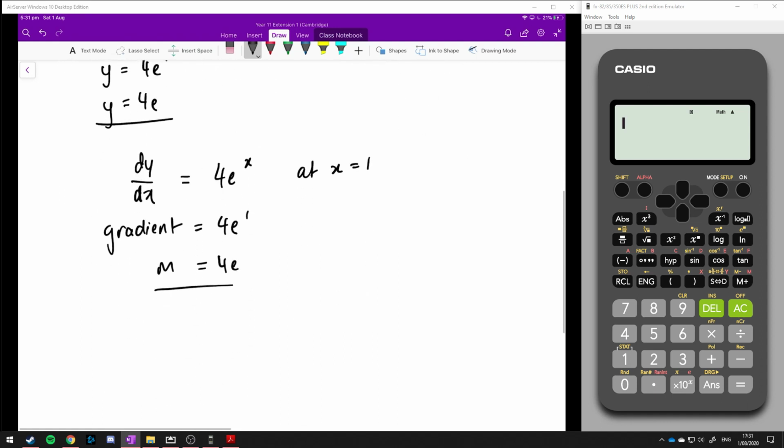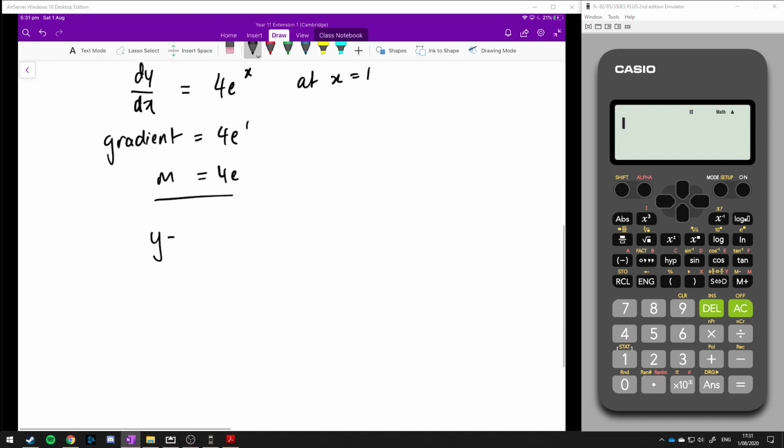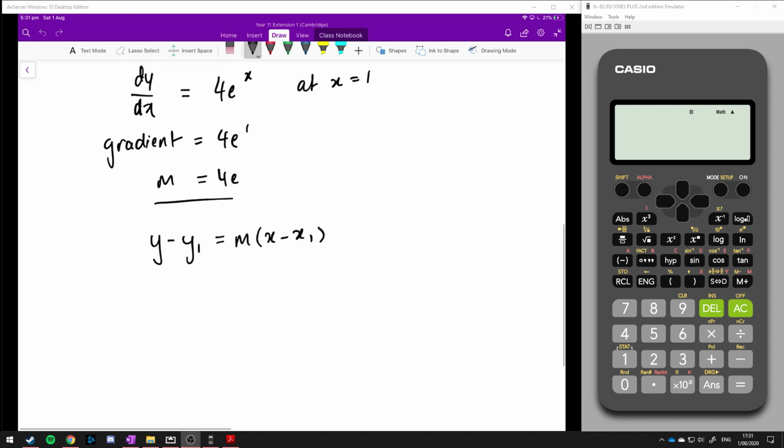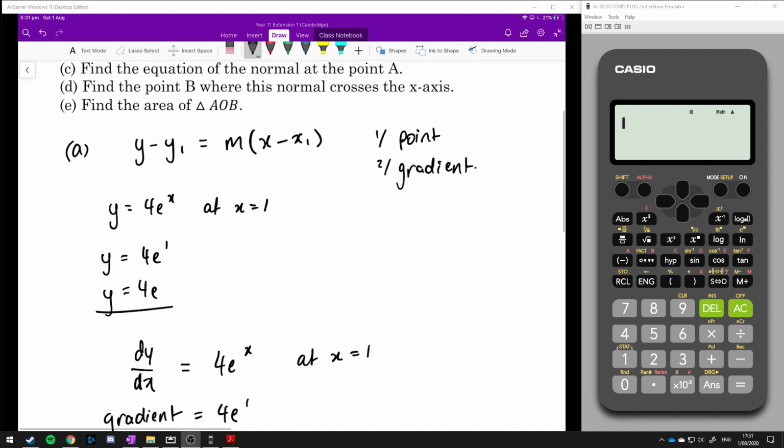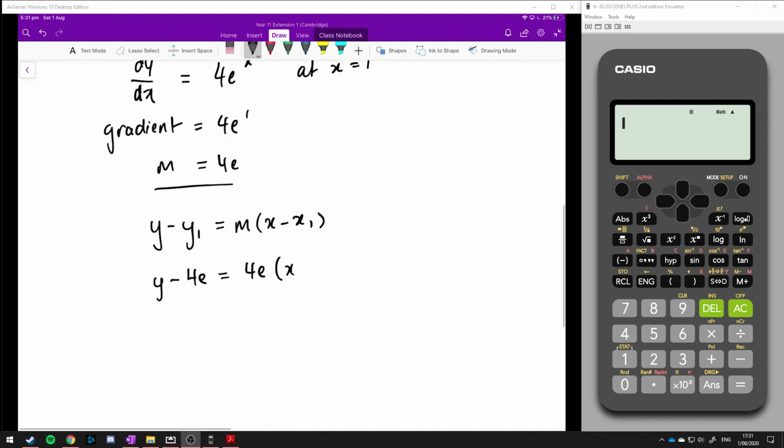So now we've got those 2 values, we can substitute them into this equation. y minus y1 is equal to m lots of x minus x1. So let's start off with our y1. So y minus 4e is equal to 4e lots of x minus 1, at the x value of 1.